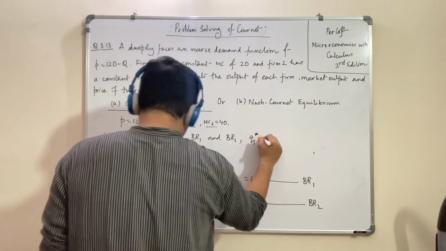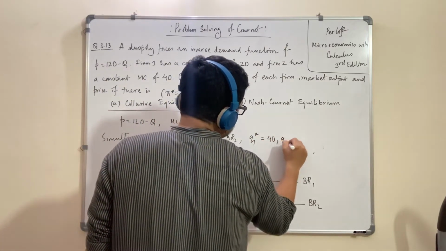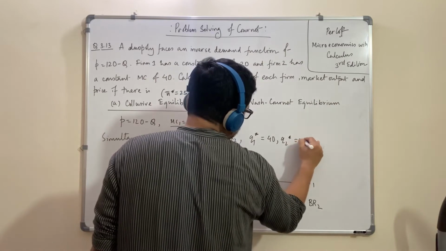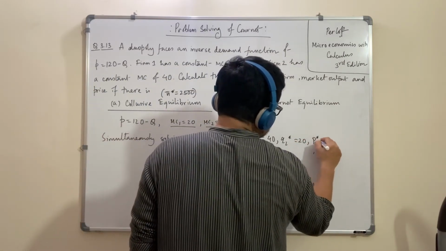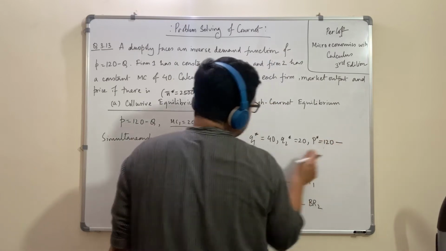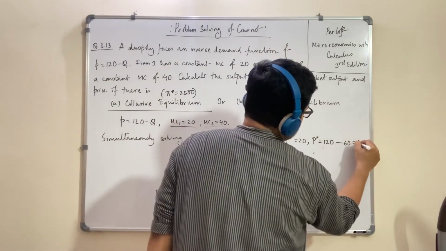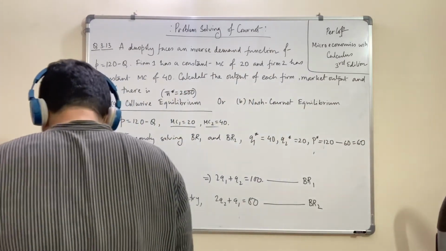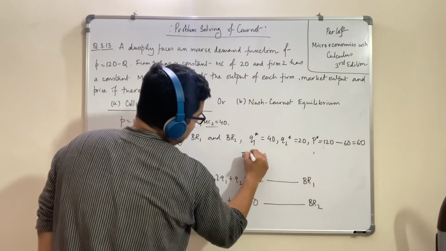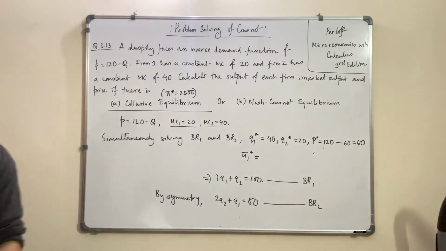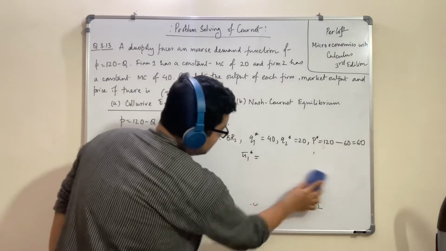Q1 star is 40, Q2 star is 20, and now the price is 120 minus the sum of these two, which is 60. We also need the profit to solve the extra question of whether our collusion will work or not.